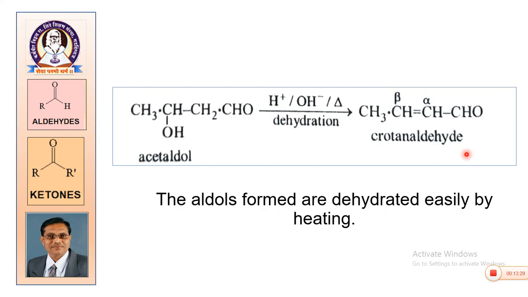What is the application of aldol condensation? It has various applications, and the important one in this case is to get crotonaldehyde. Crotonaldehyde can be converted into crotonic acid, which can in turn be used in several synthetic protocols. The aldol forms are dehydrated easily by heating.